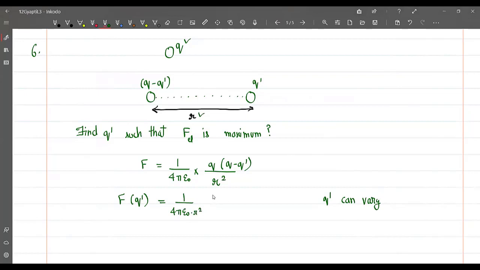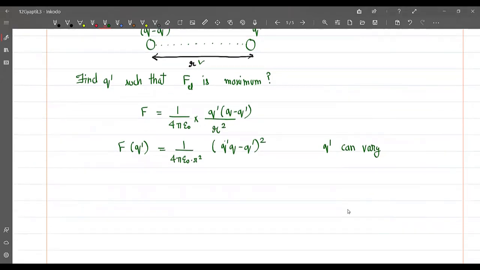So this becomes a function. You can write this as Q square minus 2Q Q dash plus Q dash square. So Q dash is a variable.